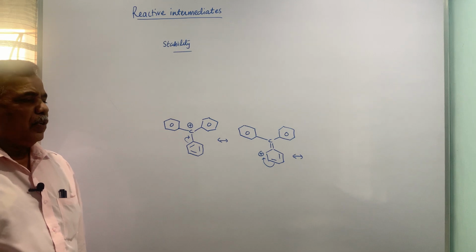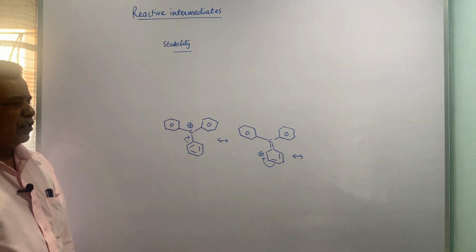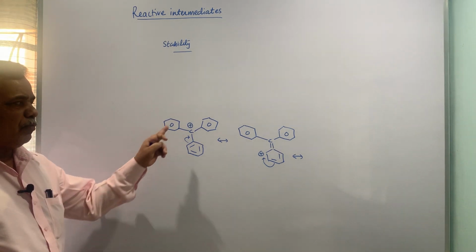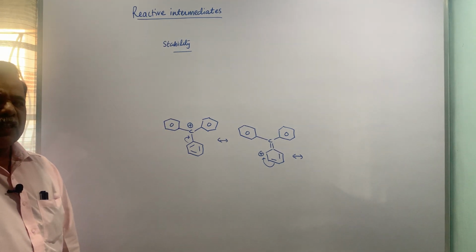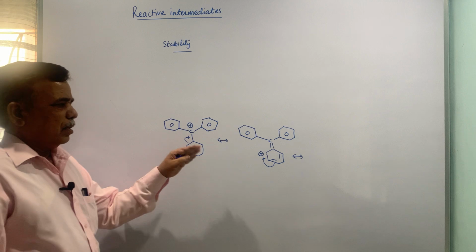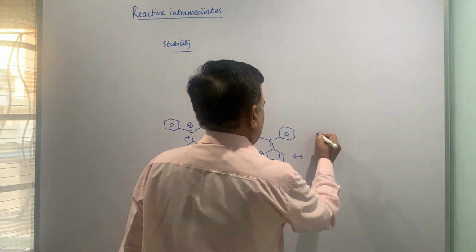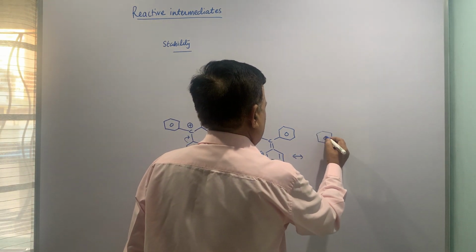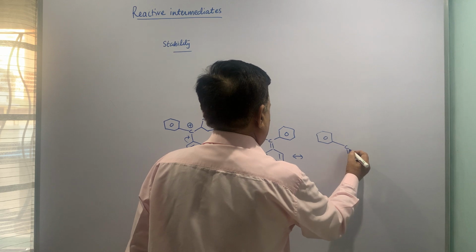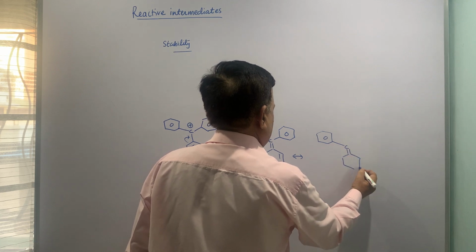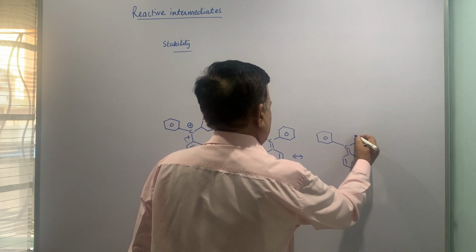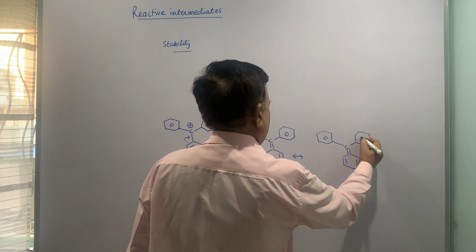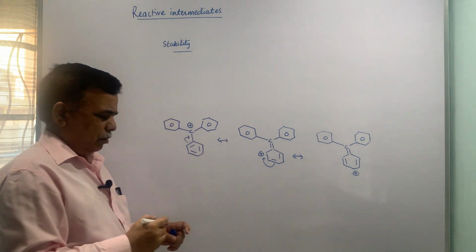So 9 resonating structures or canonical structures are possible for this. So this enjoys maximum resonance stabilization, and I am just drawing 1 or 2. You can always draw the remaining because resonance and all these phenomena are known to you, and so on. So this is there.